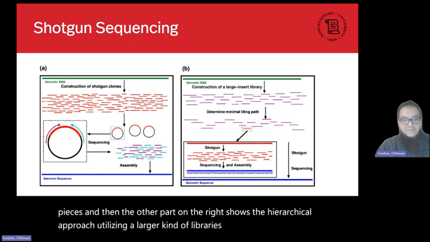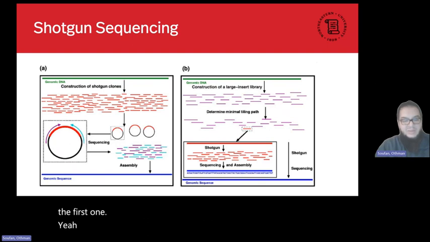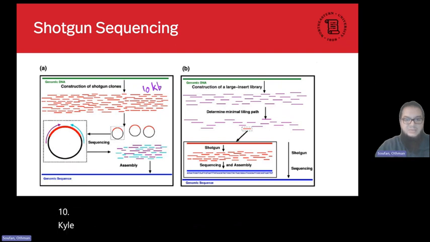So we can have up to 200. The first one can be starting by fragmenting the genome into pieces that are larger than 10 kilobases. Here we're looking at 200 kilobases.